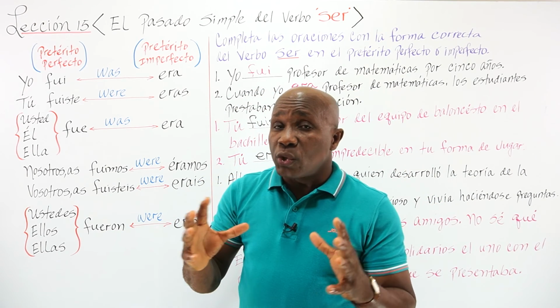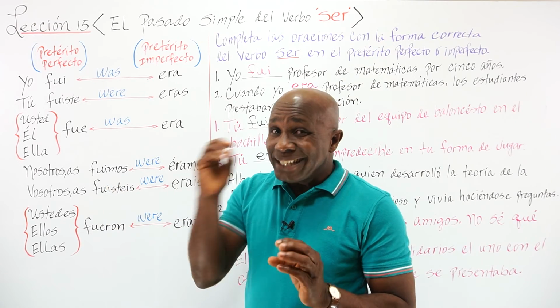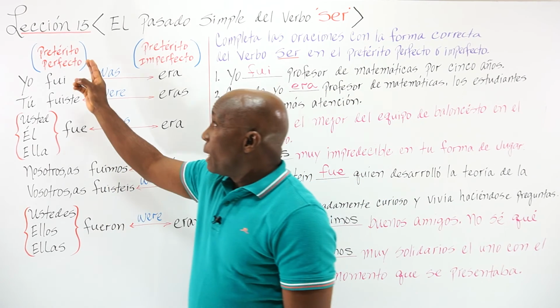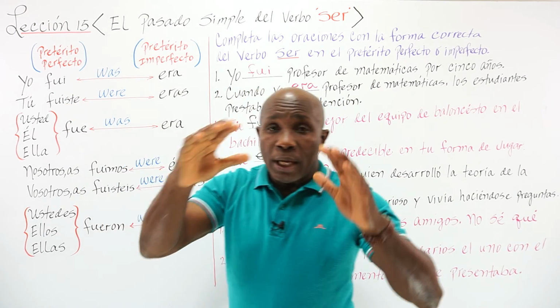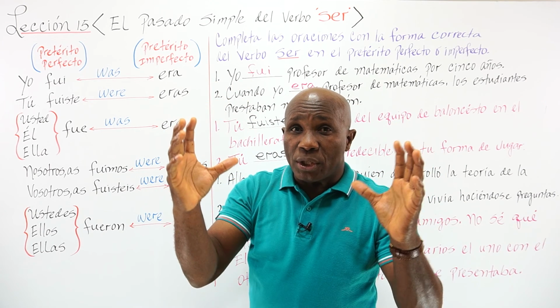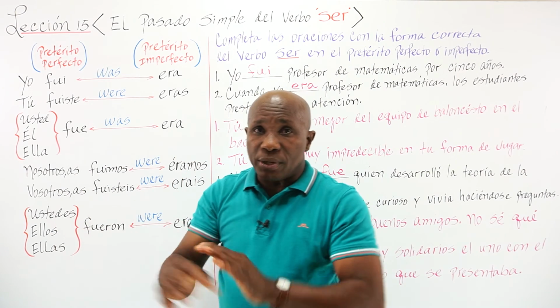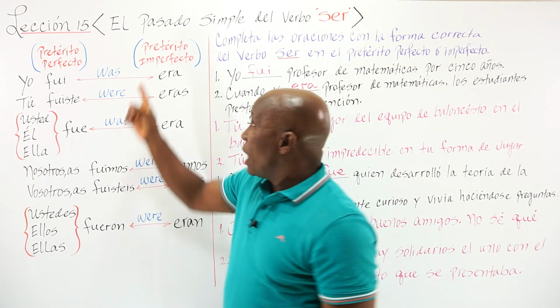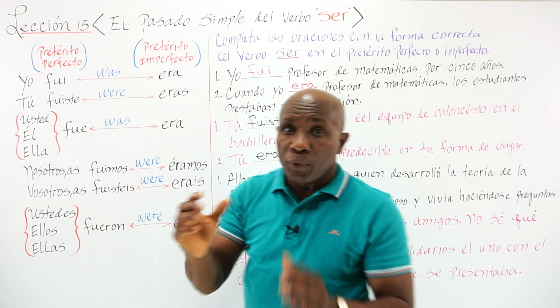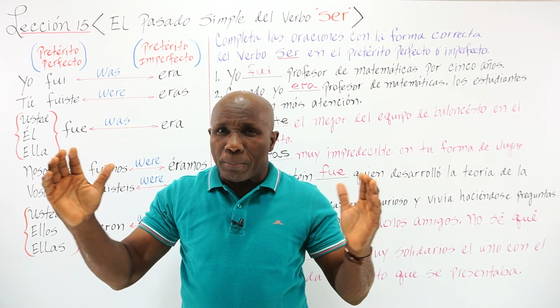And remember that when we use this verb tense, take into account if it's preterit perfect, a situation or condition that concluded, nothing to do with the present, it's over with. Now, preterit imperfect, ongoing situation in the past.